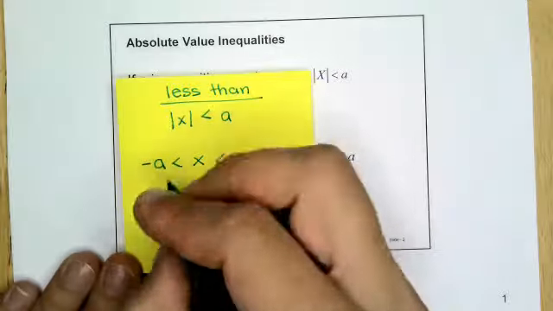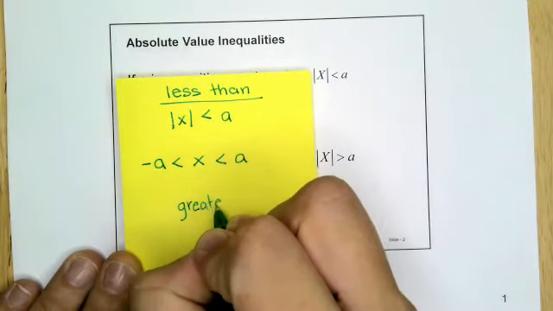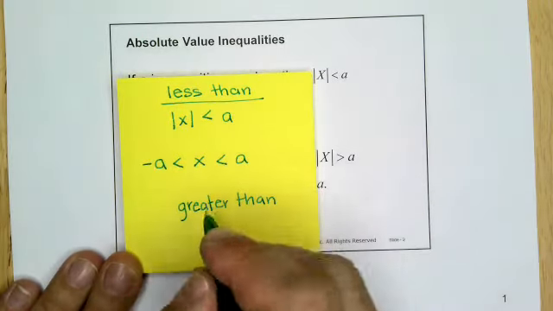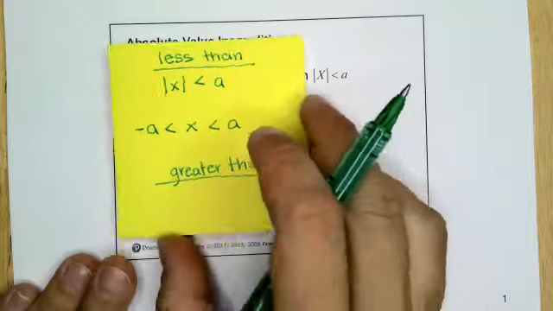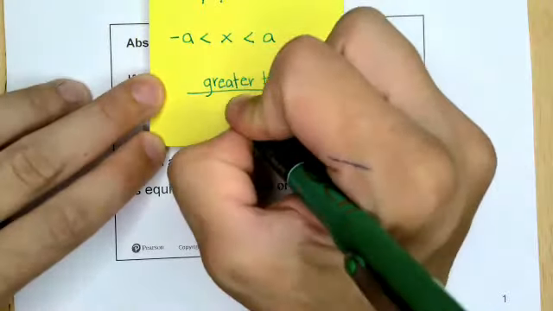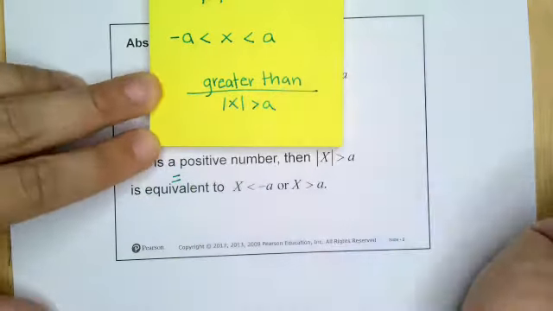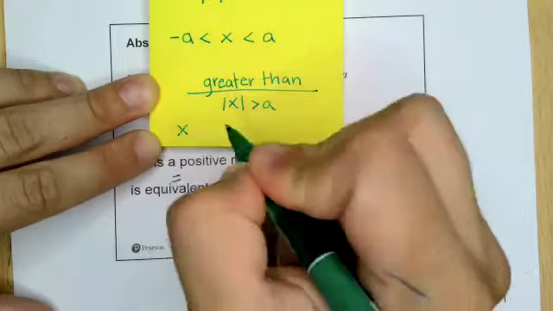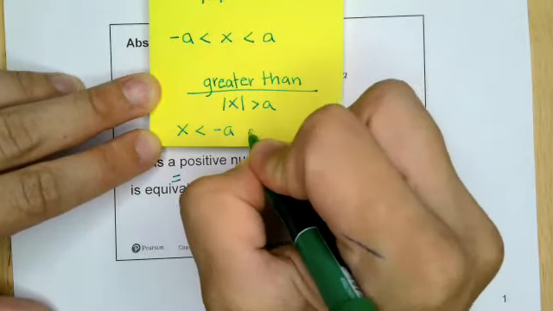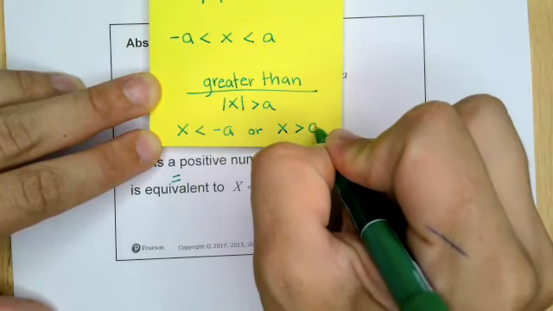For greater than, if the absolute value of x is greater than a, then x is less than negative a, or x is greater than a.